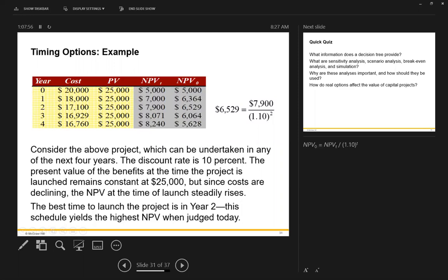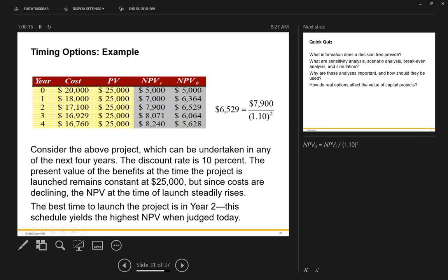So time t would be the end of year 1, end of year 2, end of year 3, end of year 4. And then we would determine the net present value of each net present value at the end of each year.